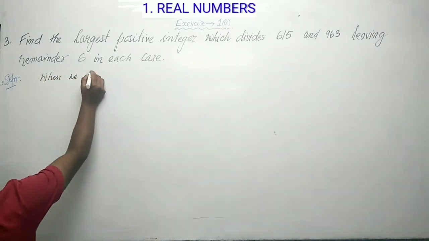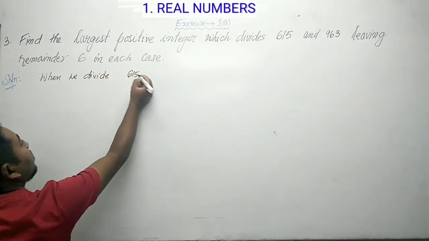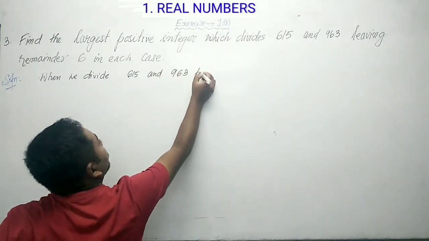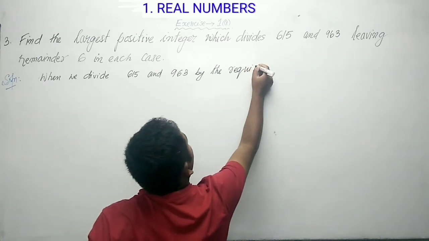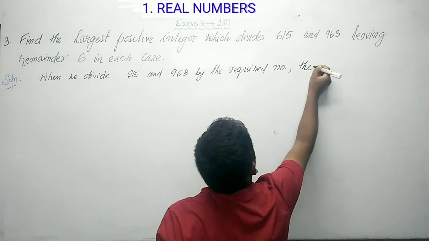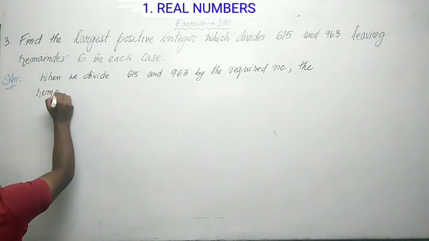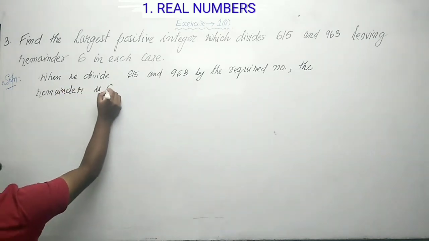So you can write down, when we divide 615 and 963 by the required number, the remainder is 6.